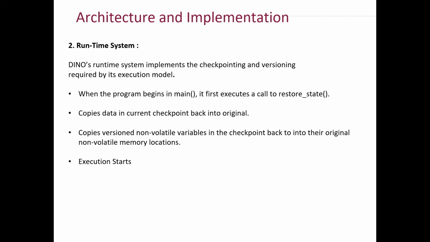The function copies the versioned non-volatile variables in the checkpoint back into their original non-volatile memory locations. And after restoring volatile and non-volatile data, the function restores the instruction pointer, stack pointer, and frame pointer, redirecting control to the point where DINO collected the checkpoint, and from there, execution continues.